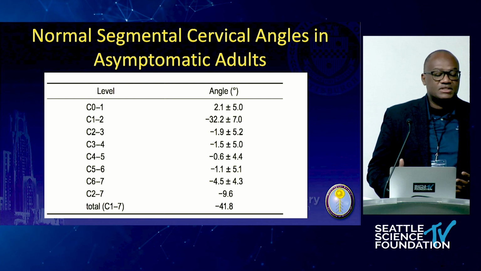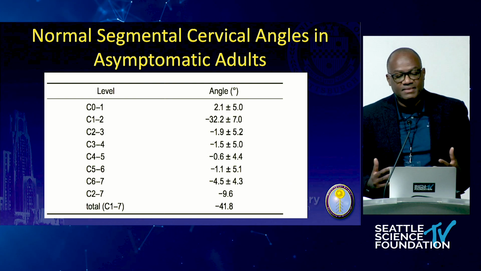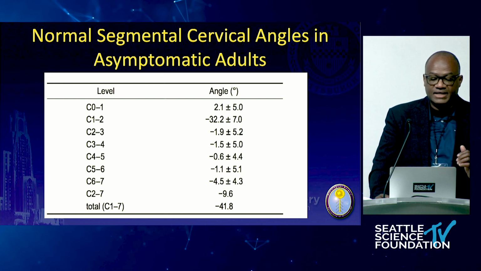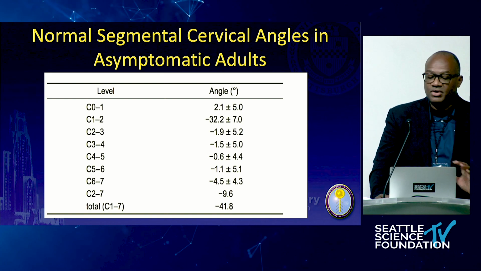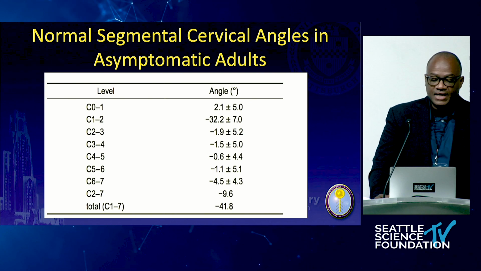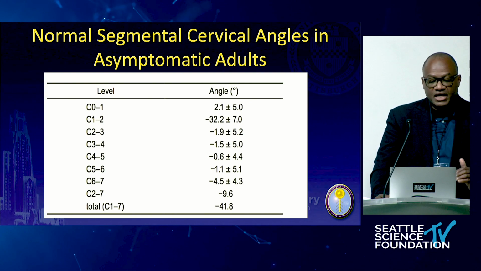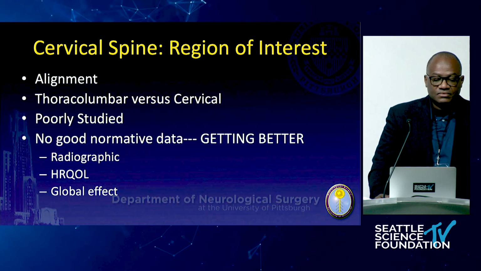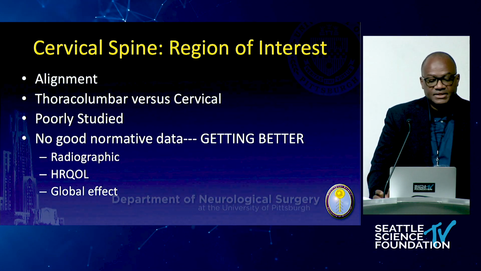So anytime I'm doing a C1-2 fusion, I understand that I am literally going to cause more problems if things are not taken into consideration due to the burden of the lordosis at that level. And you can see that things change as we go to the subaxial spine. So the cervical spine has a region of interest, right?